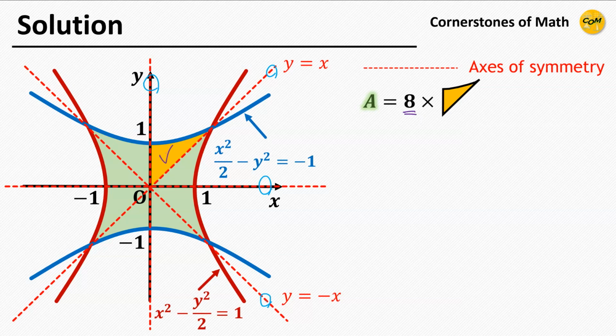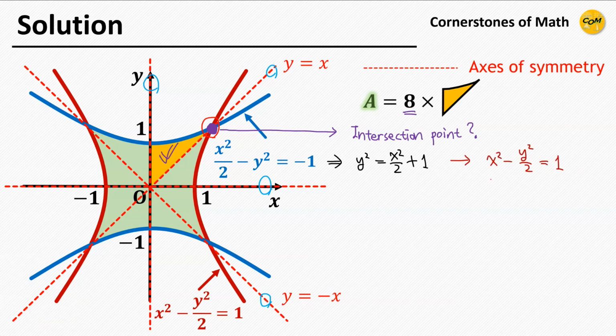So in order to calculate this orange area, let us find the coordinates of this intersection point on the first quadrant. This can be done by solving the two equations of the hyperbolas simultaneously. From the equation of the blue hyperbola, we have y squared equals x squared over 2 plus 1.